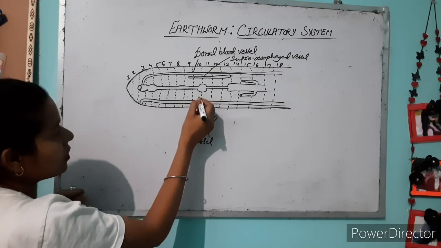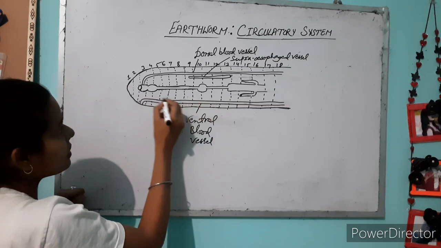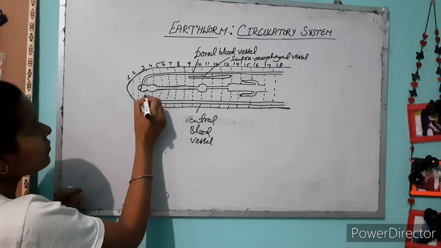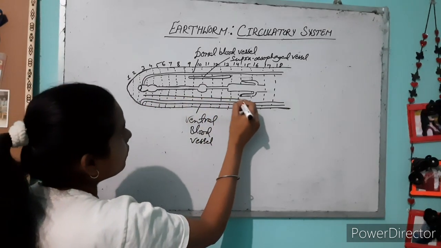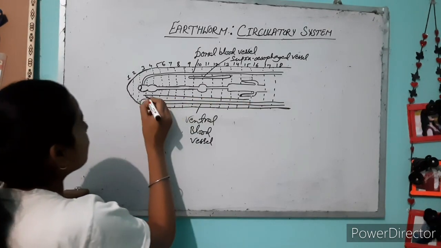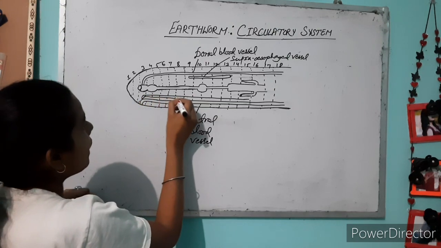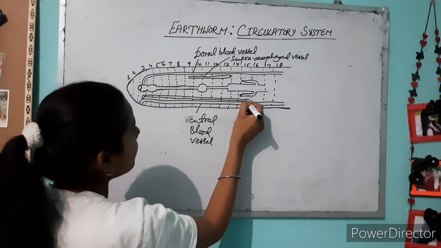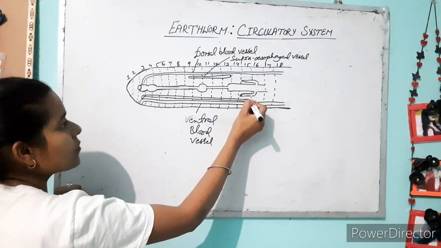Just above the ventral blood vessel there is another tube that starts from the 3rd segment and goes to about the 14th segment, and it is branched.